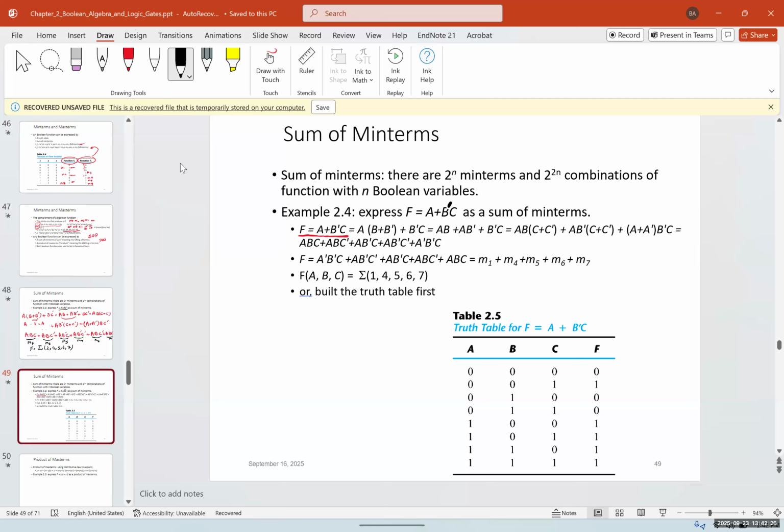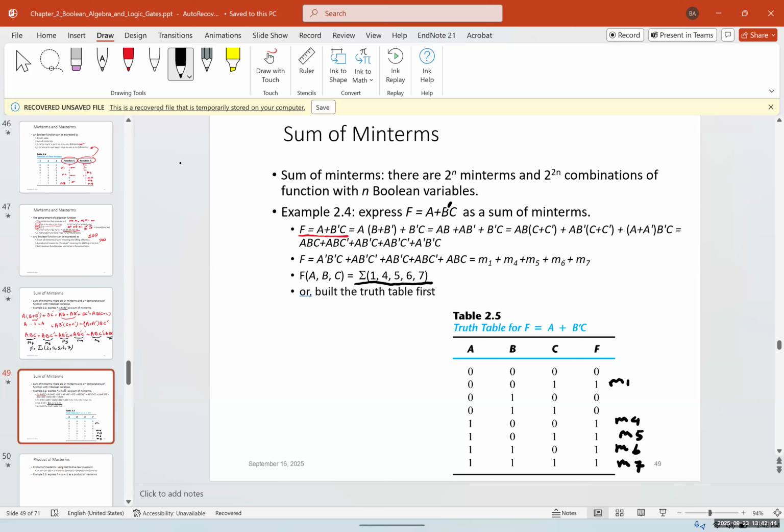Now, if we want to write the truth table, when we have the minterms, we're going to have 1. So the minterms here would be at M1, M4, M5, M6, and M7.